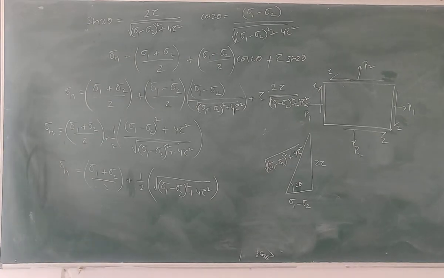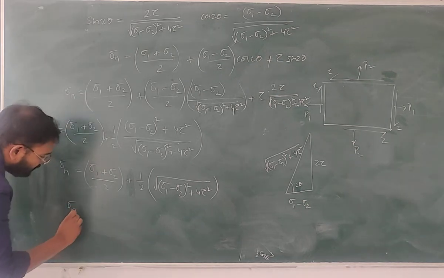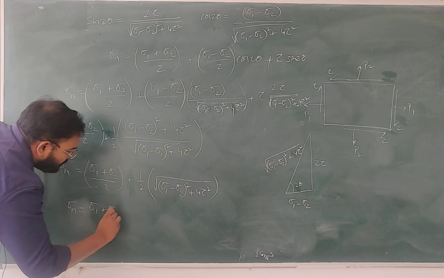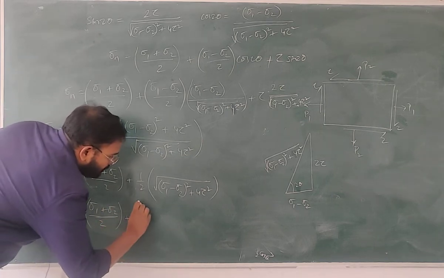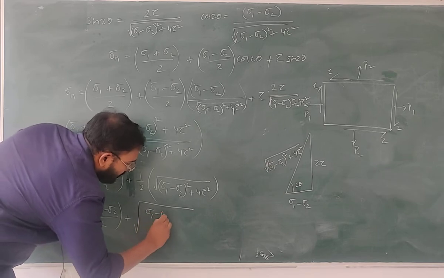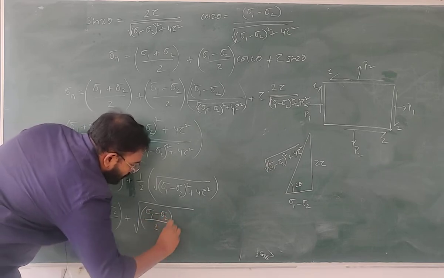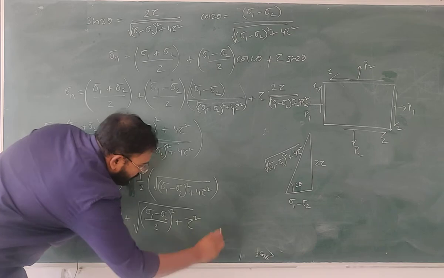Sigma 1 plus sigma 2 by 2 plus half of under root (sigma 1 minus sigma 2) square plus 4 tau square. If I take this 2 inside, sigma n is equal to sigma 1 plus sigma 2 by 2 plus under root of (sigma 1 minus sigma 2 by 2) whole square plus tau square.